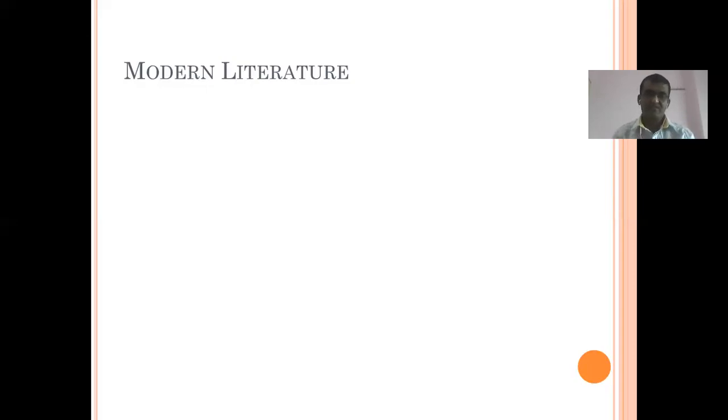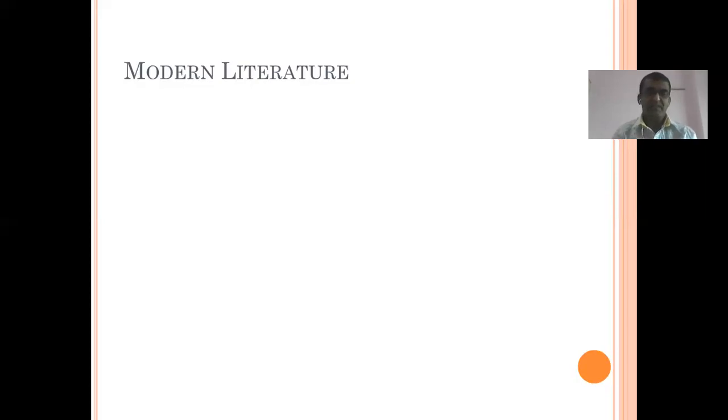Literature brings us more closely to the society, to the living standard, socio-political conditions of the time, how human beings lived in that particular era. So literature is a realistic picture of the contemporary world, whether it's novel, poetry, essay, or anything.